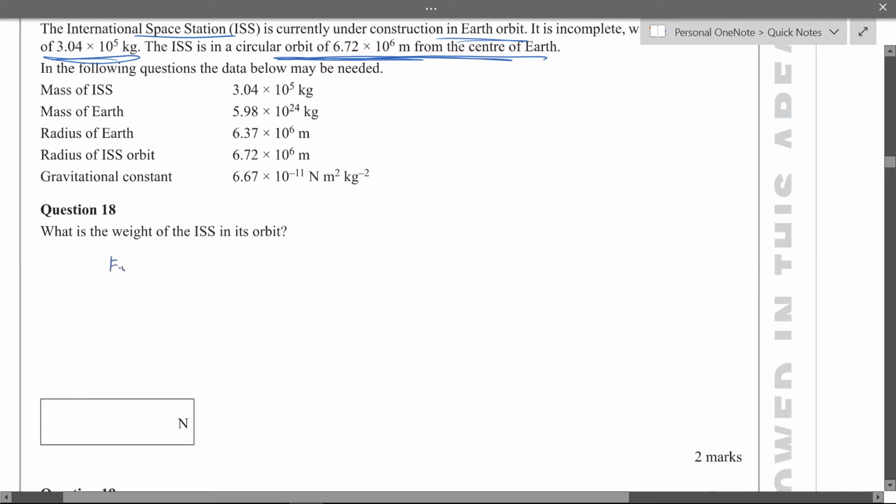Weight force is mg, but we don't know what g is because it's not on the Earth's surface, so g is not equal to 10 anymore. We know the mass. I'll write the equation without the numbers first. The equation for g is this, so we can sub in numbers.